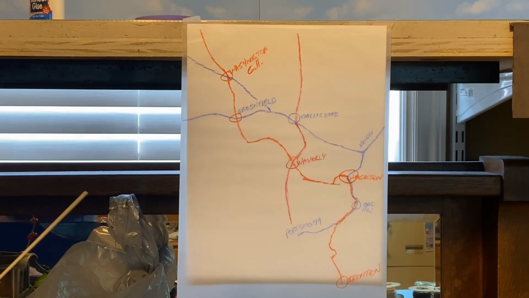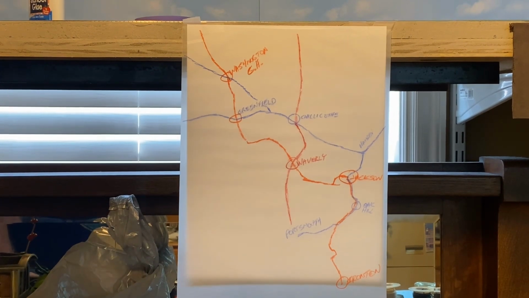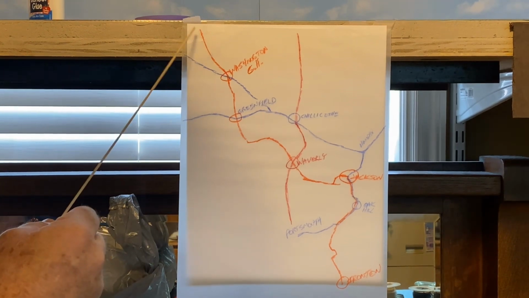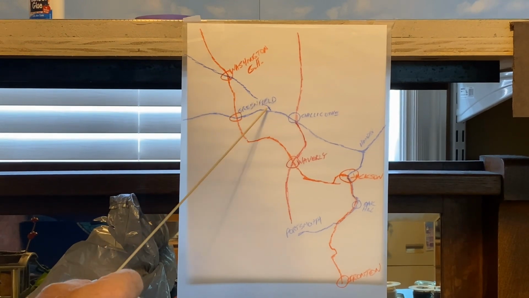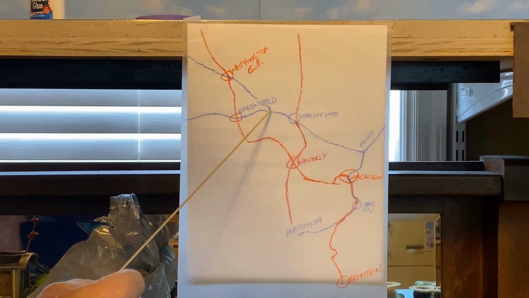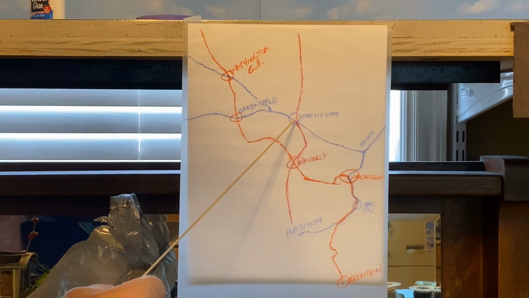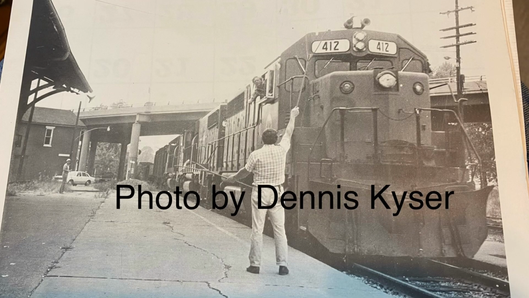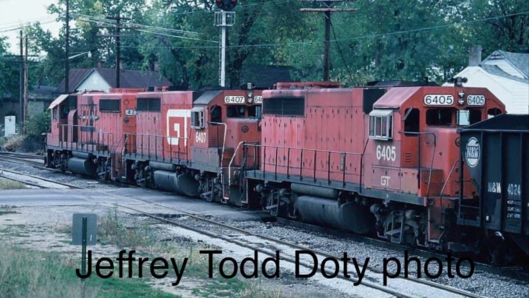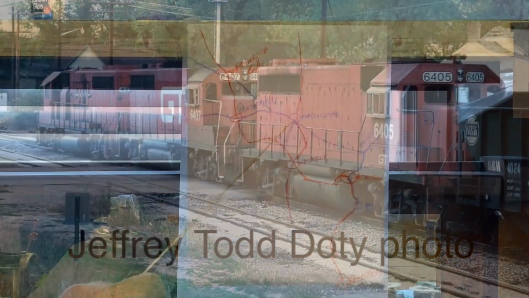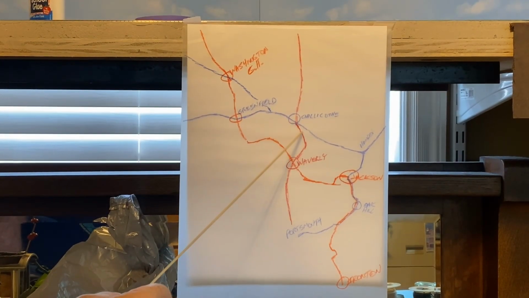So after 1980, when the Grand Trunk Western acquired the DT&I, they negotiated trackage rights over the old B&O, the CH&D. They got off in Washington Courthouse, ran down, joined with the B&O in Musselman Junction, ran through Chillicothe, got across the river on the old CH&D bridge and got on the C&O.